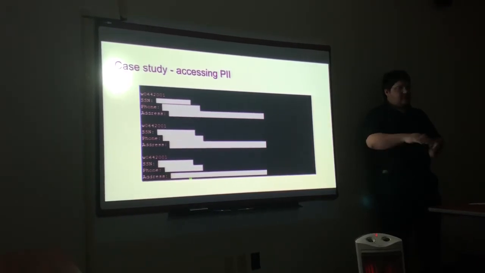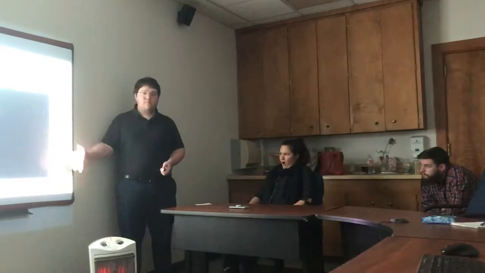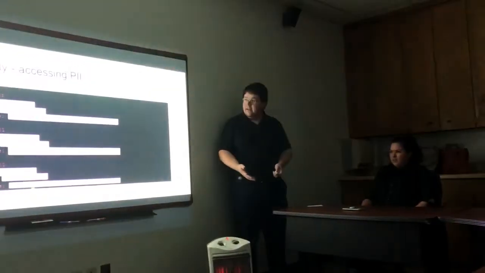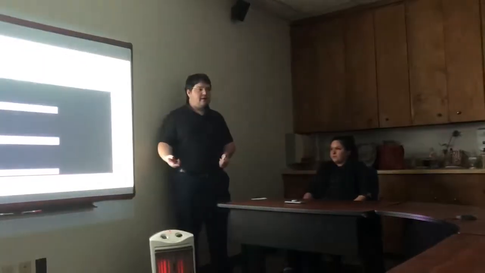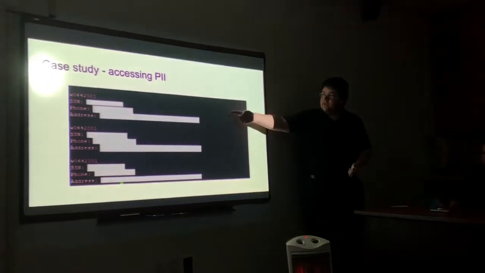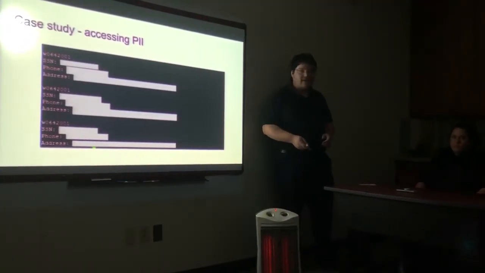That program outputs all the username and passwords to a spreadsheet. I wrote another program that takes that spreadsheet in, and given a username and password, we actually go and log into Leonet and go ahead and fetch that user's social security number, their home phone number, and their address.